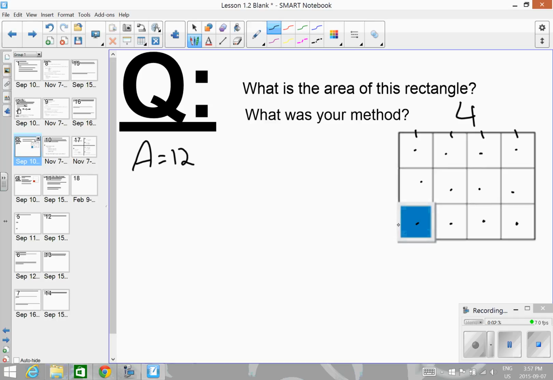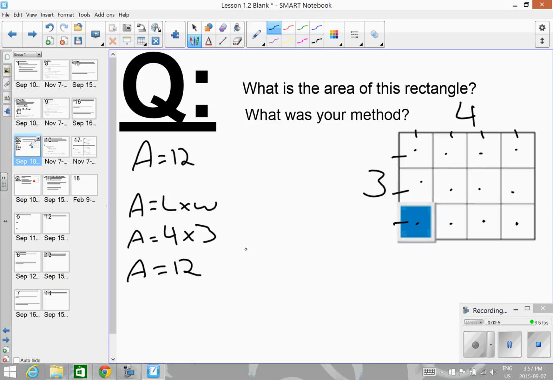I guess we'd call it the length, and 1, 2, 3, the width. I could also say my area is length times width. So my area is 4 times 3, and that equals 12. 12 what? I don't know. We're just going to say square units.